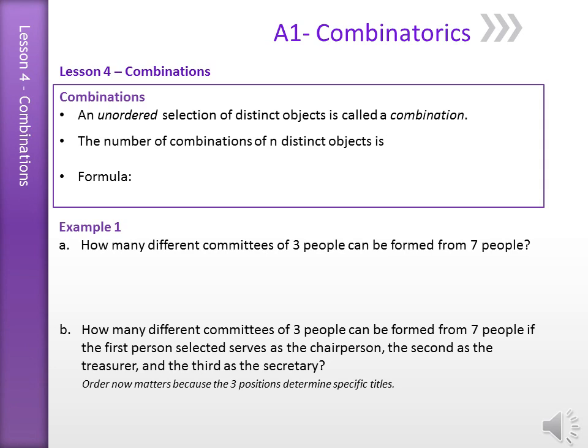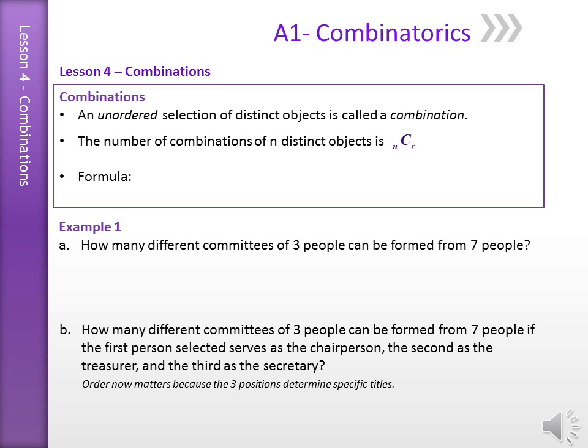Now we'll define combinations. They are similar to permutations, but the main difference is that here order does not matter. So, an unordered selection of distinct objects is called a combination. The number of combinations of n distinct objects taken r at a time is nCr.